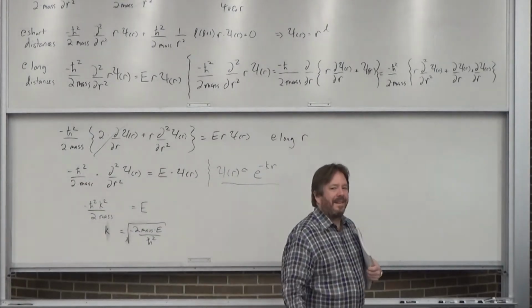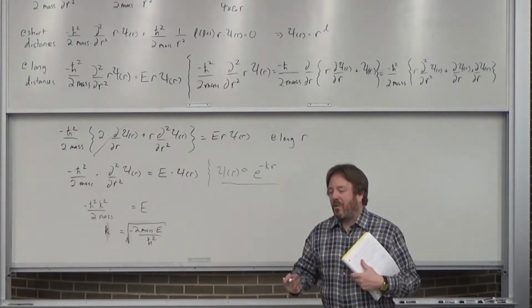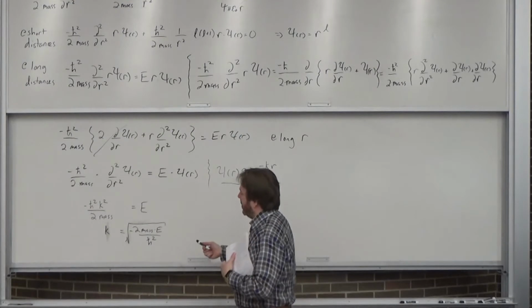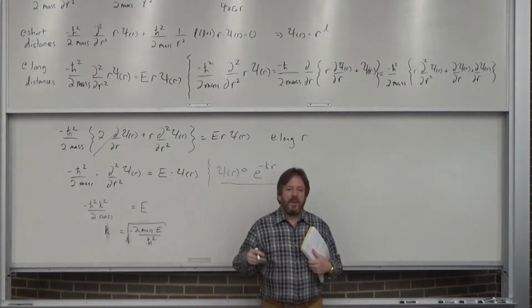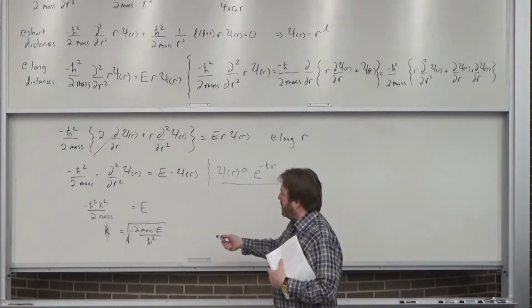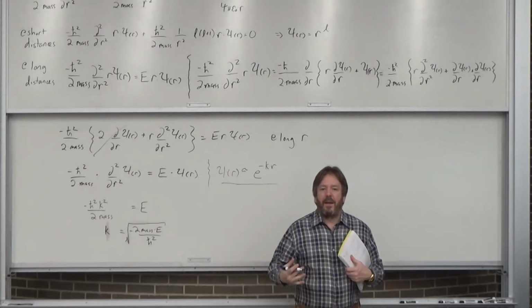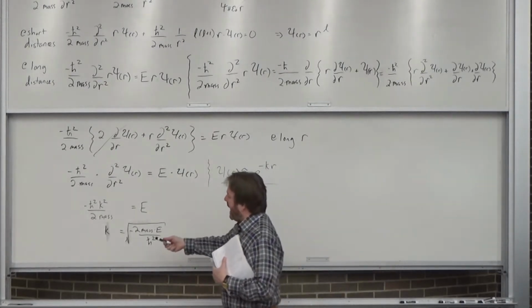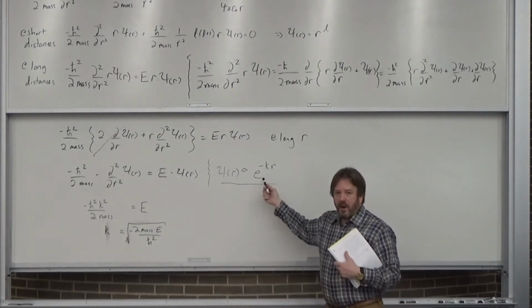Now, maybe this isn't really a what's wrong question, but it looks like there's something wrong. Hopefully you recognize that I've got the square root of a minus. That would mean I'd have to bring a minus sign out. The square root of a minus sign is the letter i. And if k has an i in it, then this is like a sine or cosine.